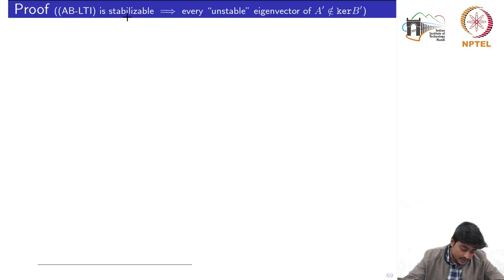First of all, we'll see this implication: if the pair (A, B) is stabilizable, then every unstable eigenvector of A transpose does not belong to the kernel of B transpose. Okay, so we'll prove this by contradiction.